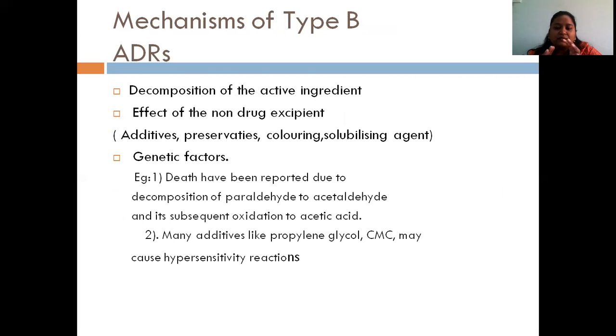Next is the mechanism behind type B. Medicines are not made of just the drug or the salt; they are also prepared with other ingredients, like some binders, preservatives, and other additives used while preparing the drug.